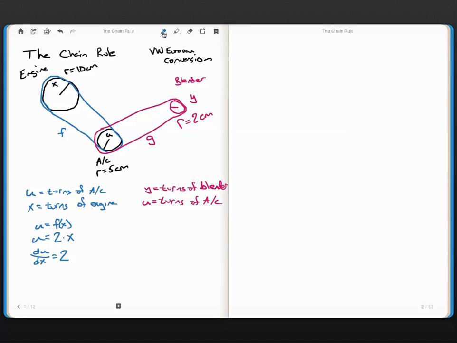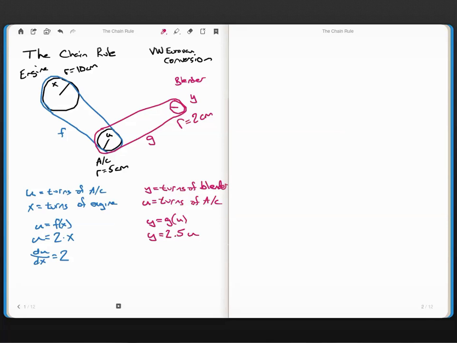And then we go over here on the red side of things. I know that, well, y is what I'm really interested in. So y is going to be some function of u, right? And that's a belt that connects it. So I'm going to call that y equals g of u. And I also happen to know what that is, since this is 2 and that's 5, so that's 2.5 times. So y is going to be 2.5 u.